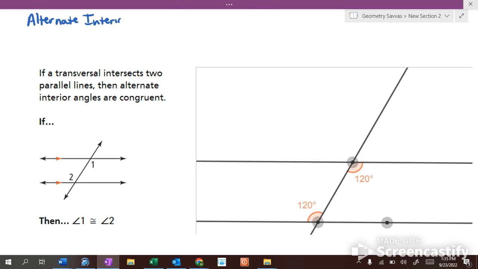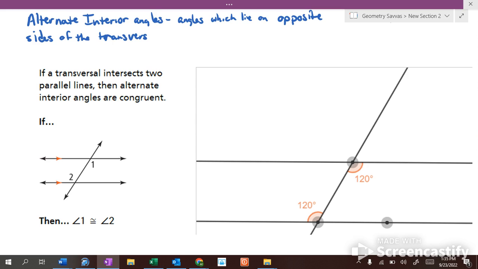Alternate interior angles are angles which lie on opposite, important word there, opposite sides of the transversal and in between the parallel lines.